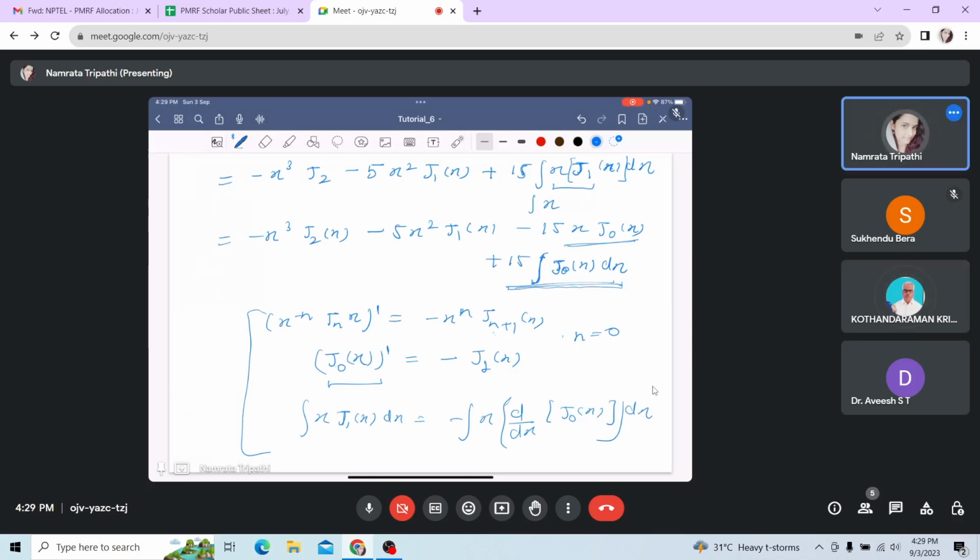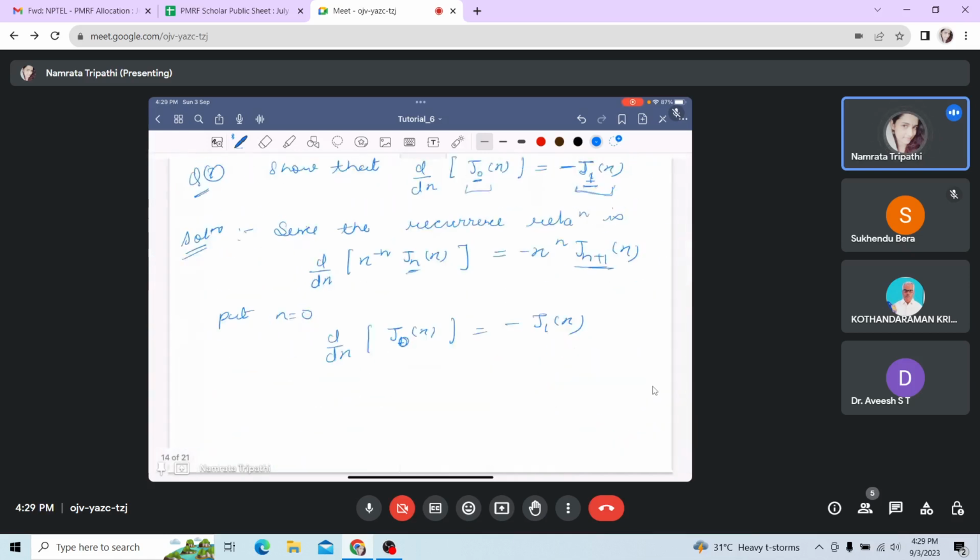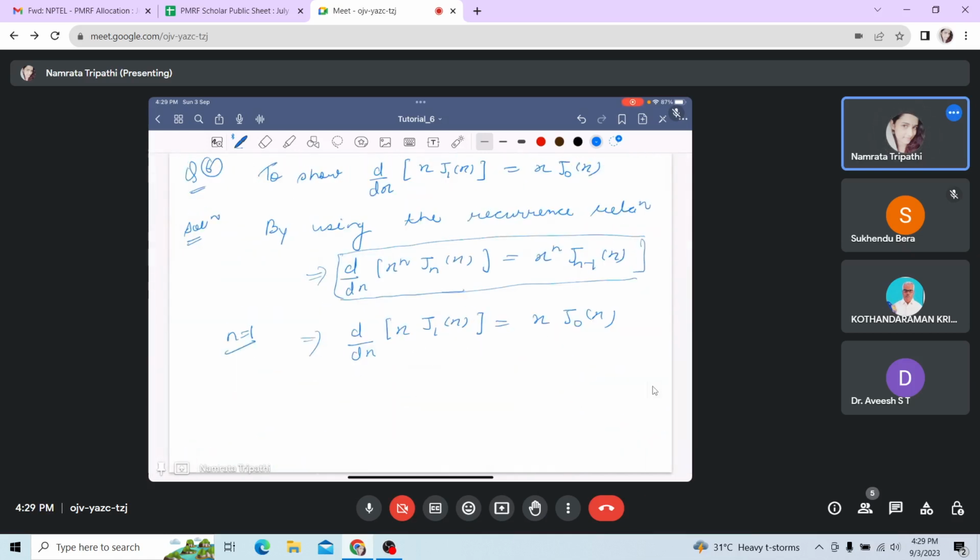So you have to simply substitute. We have already solved this question, I think in question number 6. So you have to substitute n is equals to 2. Then it will become x square. Now, madam, okay.